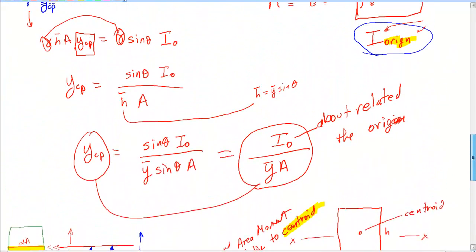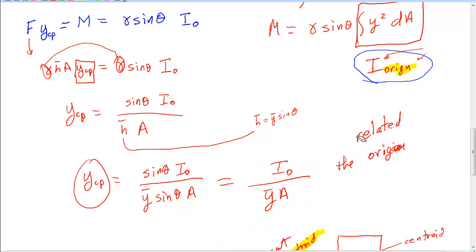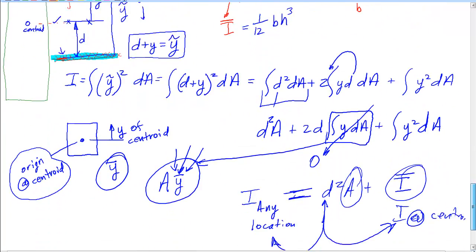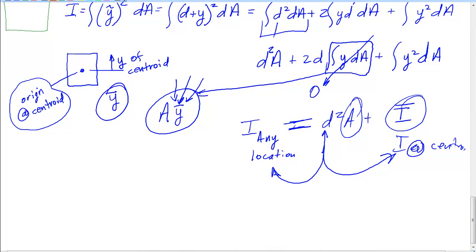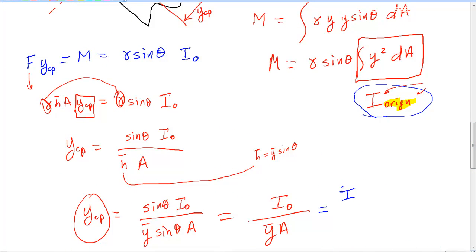Now, if you did that, you can run back to your equation and you could say, well, what is this? Well, it's nothing more than, and now you have to think about this, what I have in that equation is this. What is this and what is that? I bar plus some distance squared times the area, over y bar area.